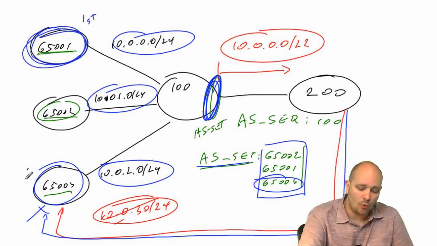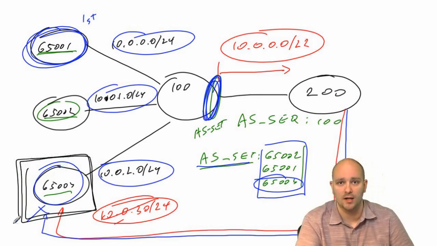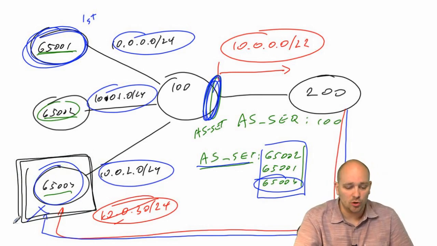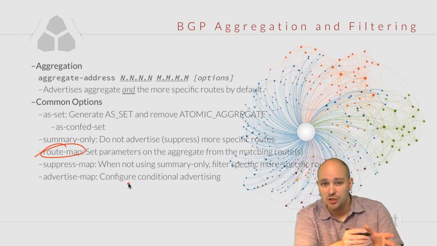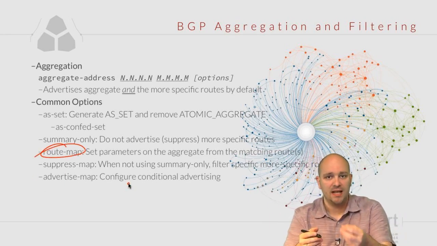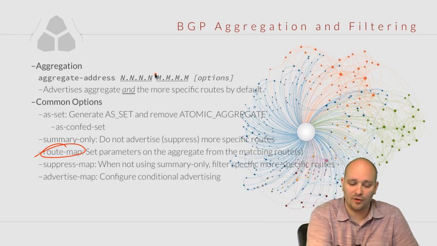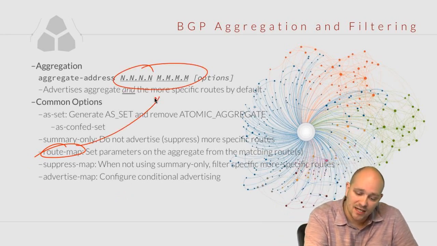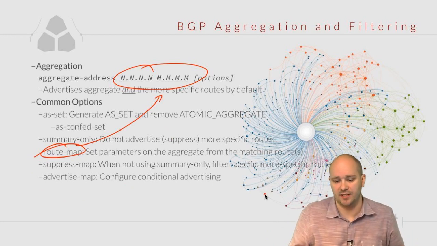But what if we wanted our aggregate to inherit the attributes of this one here? In that case, we can use the route map keyword and match the particular route or routes that we want to use as attribute seeds. So when the aggregate gets created, these attributes will be copied to our aggregate. It's actually a pretty interesting one.